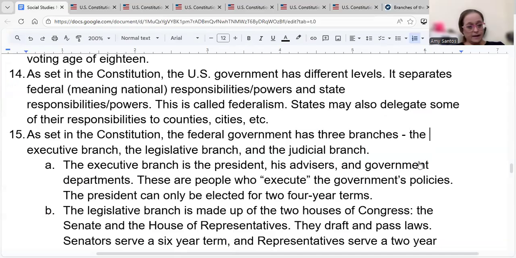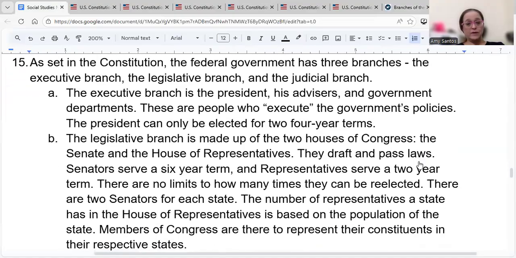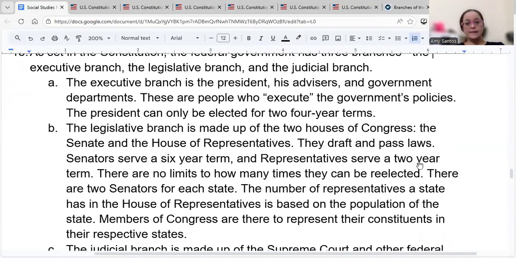We also have the legislative branch, which is made up of the two houses of Congress, the Senate and the House of Representatives. They draft and pass laws. Senators serve a 6-year term, and representatives serve a 2-year term. There are no limits to how many times they can be reelected.